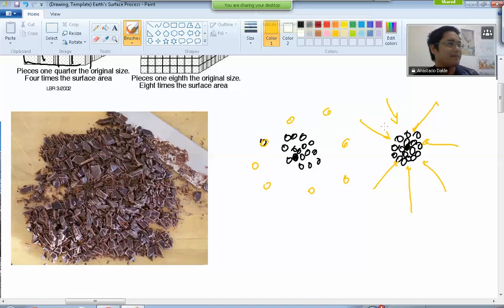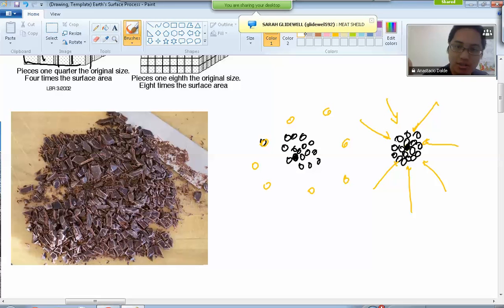But say that you're the people with the dodgeballs. Say you're the people in the orange. What would be a smart thing for you to do? If you wanted to hit everybody, what you probably should do is break it up.